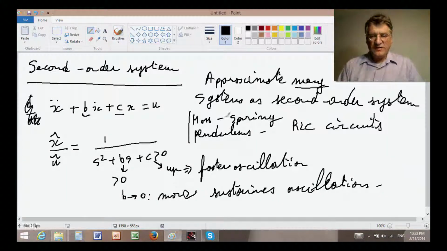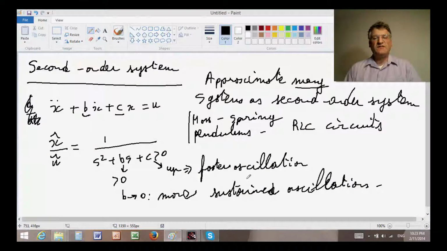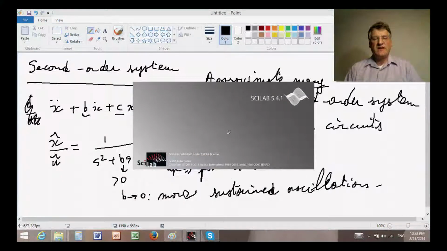Okay, so now let's look a little bit more at the details of this thing. For that purpose, we're going to start Scilab and look at what Scilab has to tell us about such systems.